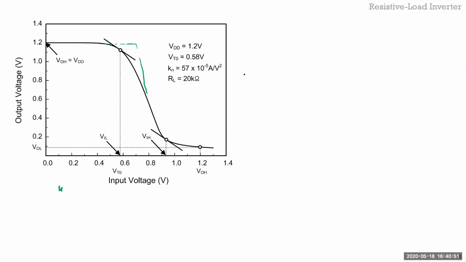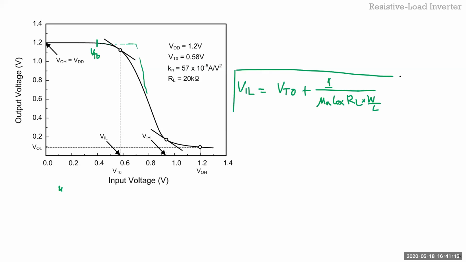You should have that in the video, but I'll just write the expression. V_IL was V_T0, like I said, till V_T0 obviously nothing moves, so that you get it guaranteed, and then divide by mu_n Cox R_L. Oh, actually mu_n Cox W over L R_L. I missed that term there. So that's your V_IL. That's how you calculate the input low voltage, V_IL.